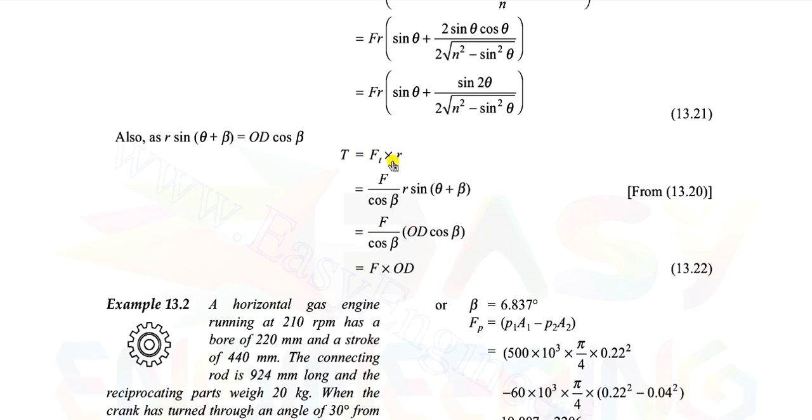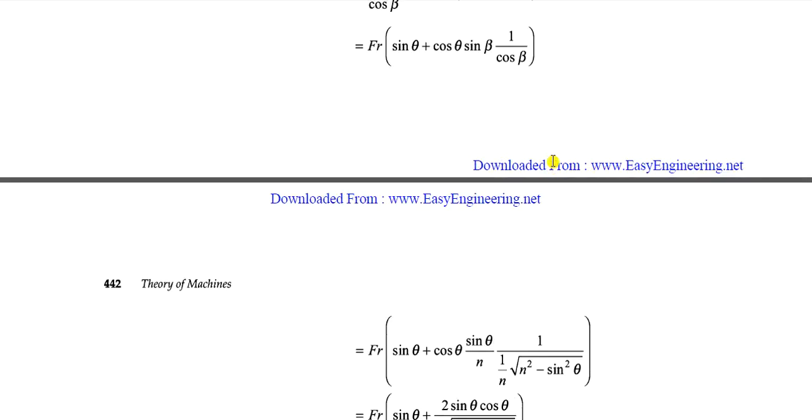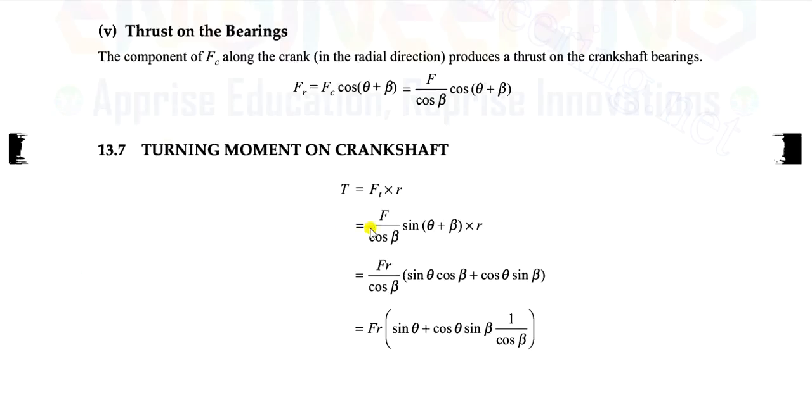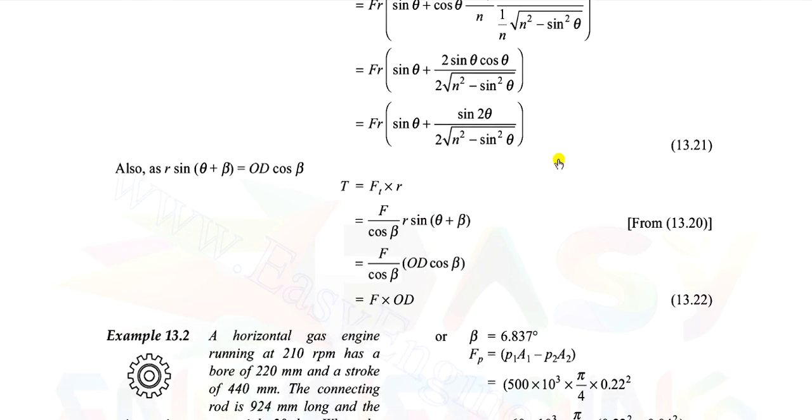So Ft into R: if again we go back without calculating this, Ft was F by cos beta into R, and R sin theta plus beta is nothing but OD into cos beta. So F cos beta got cancelled and F into OD, but because this D is somewhere in between and no one will give you this OD distance, so no need to calculate this, just remember up to this point.